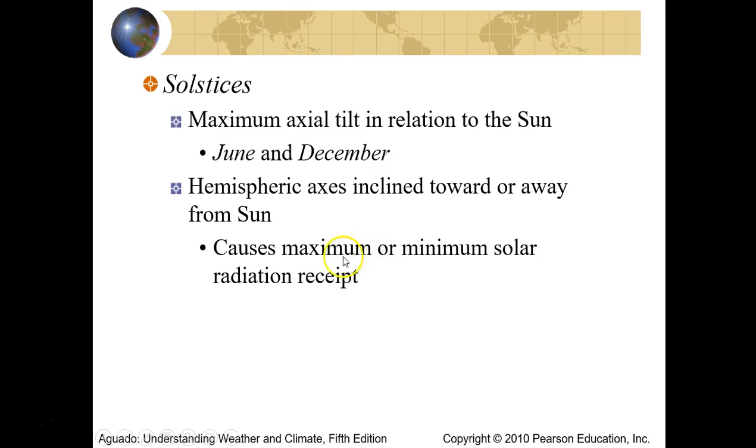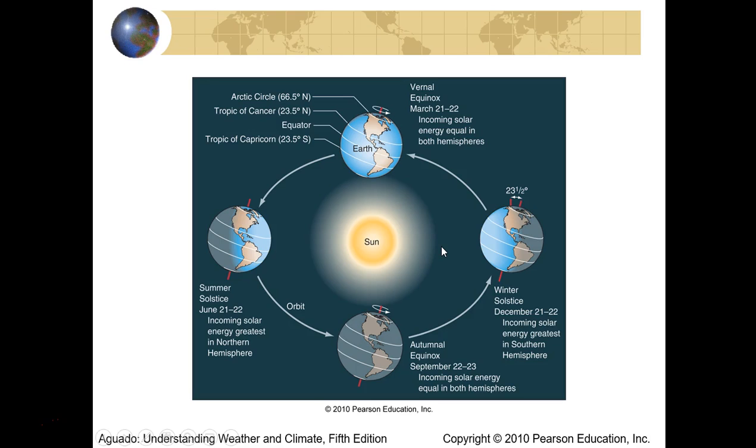And these are the times of the year when we get our maximum and minimum solar radiation for the different hemispheres. So here would be the summer solstice, the time of the year where the sun's direct rays migrate the furthest north to the Tropic of Cancer. During the winter solstice, the sun's rays migrate their furthest south to the Tropic of Capricorn.